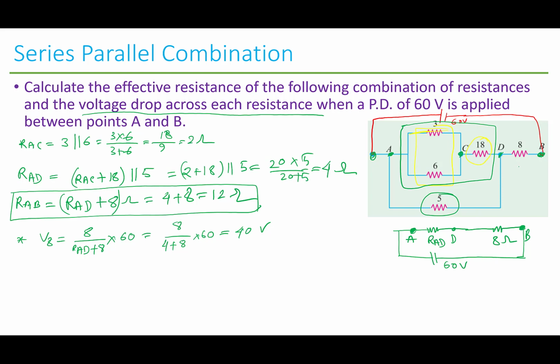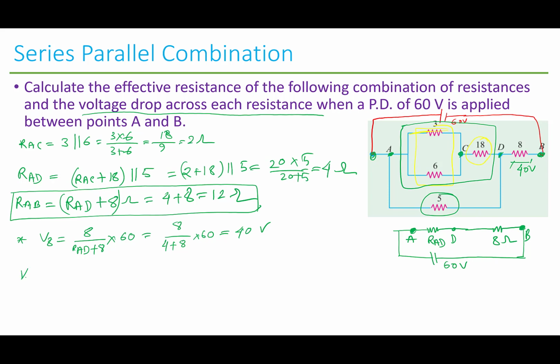Now we know this is 40 volts across this one. Since VAB is 60 volts and VDB is 40 volts, we can use the voltage divider rule, or subtract this 40 volts from the main voltage to get the voltage across A and D. As we are familiar with the voltage divider rule, we will go with that.